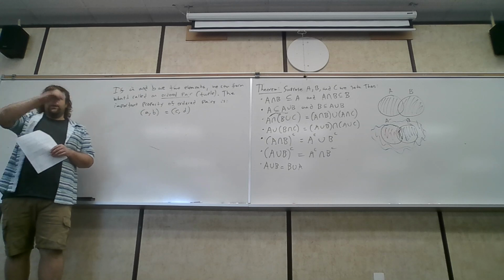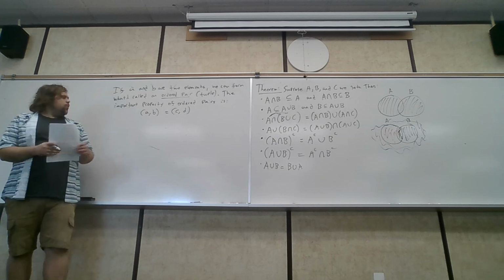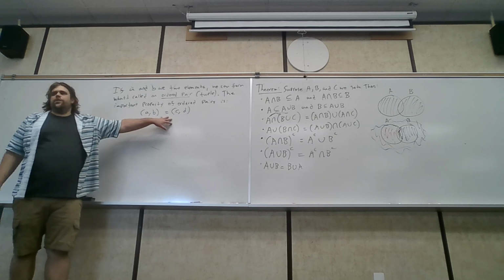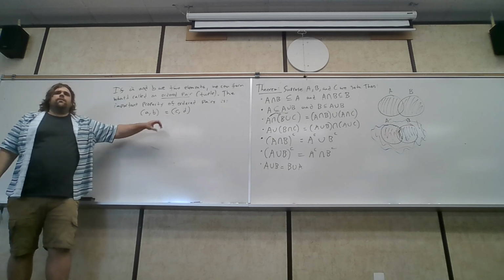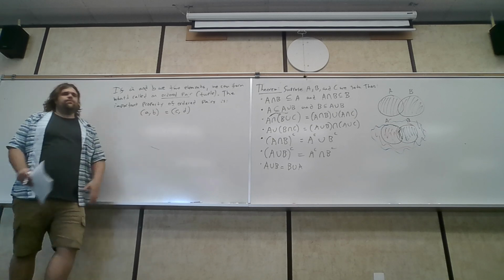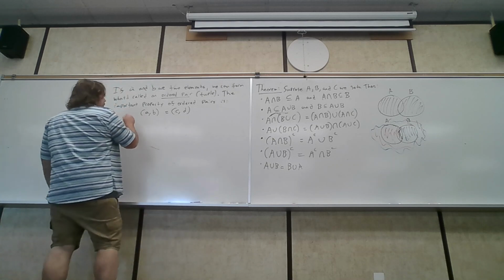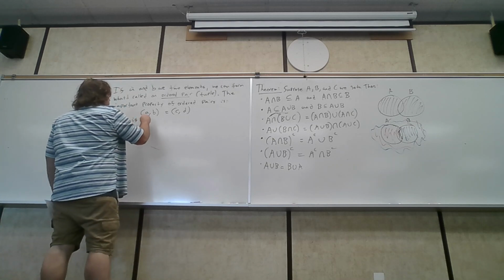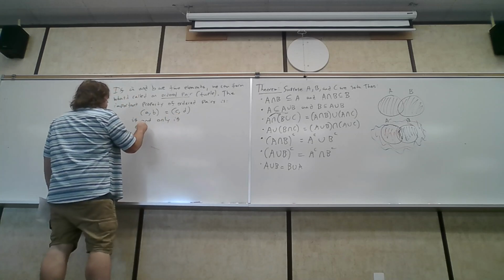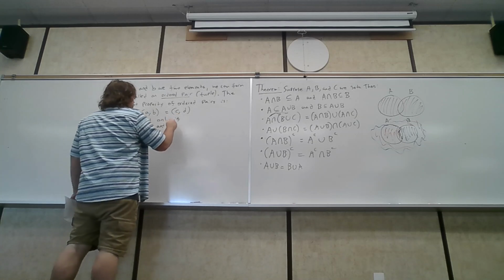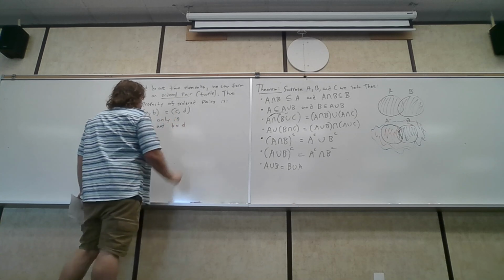In graphing from high school. When would these two be equal to each other? What would we need? Yeah, exactly. We need them to be equal component-wise. If and only if A is equal to C and B is equal to D.